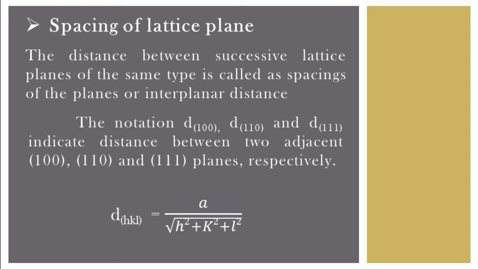The spacing of lattice planes can be calculated by using the formula d_hkl is equal to a upon under root of h square plus k square plus l square, where d_hkl is the interplanar distance, a is the length, and h, k, l are the Miller indices values.